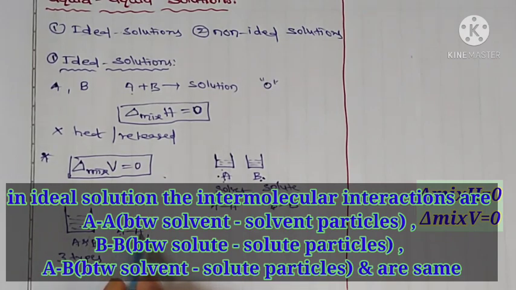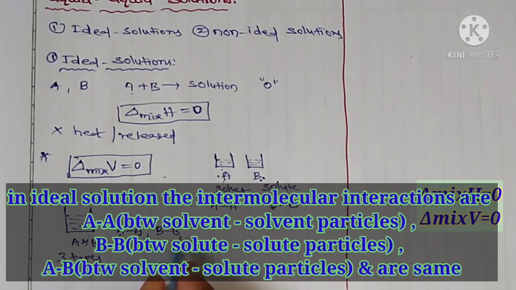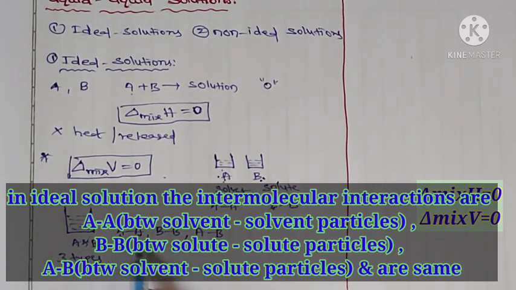One type is A and A, meaning solvent and solvent. The second type is B and B, meaning between solute and solute particles. And the third type is AB, meaning between solvent and solute. A and A means solvent-solvent, BB means solute-solute, AB means solvent-solute.